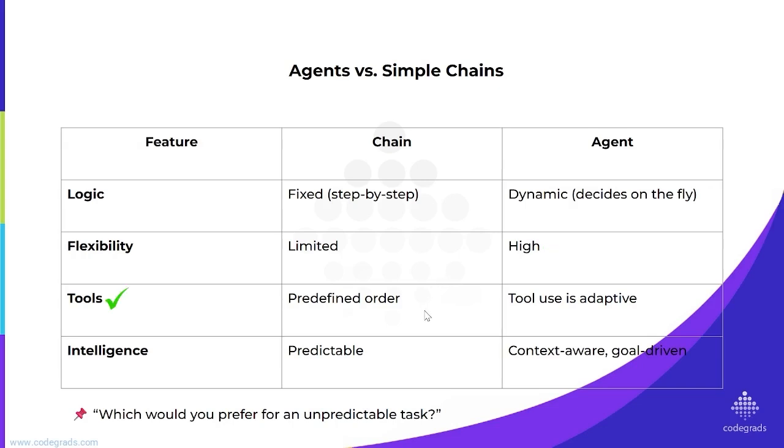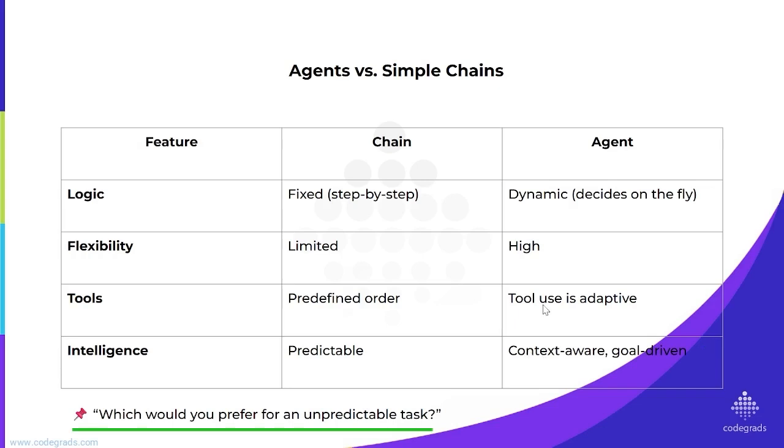With simple chains, we have a predefined order, and we have to go in a specific order, which is not good for complex tasks. At that point of time, the agent is very important, and it is adaptive to which tool to use. In terms of intelligence, simple chains are predictable, while agents are more context aware and goal driven. So hallucination problems are generally reduced if you use an agent.